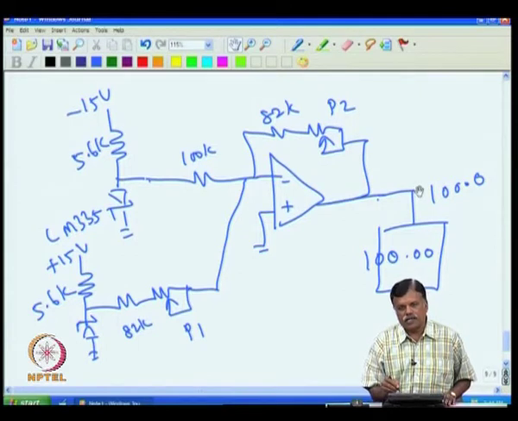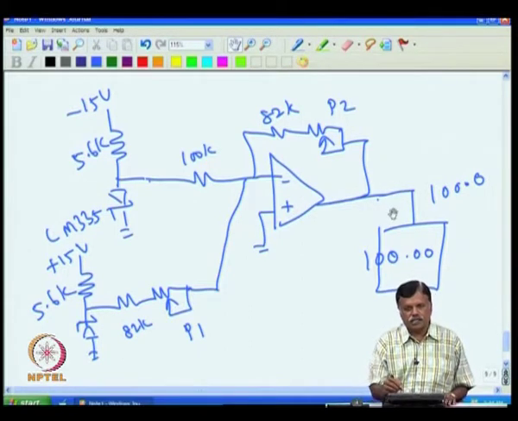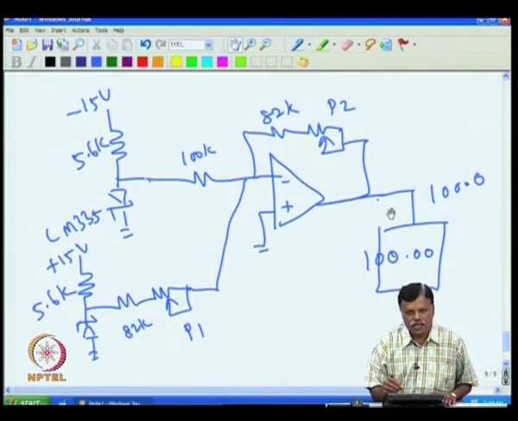So, one should be aware of what is in store for us when we are using this, or for that matter when you use any analog circuit, how the component values will change, or how the operational amplifier behaves, and how that will affect the output voltage. This is to be considered and looked into from the beginning.